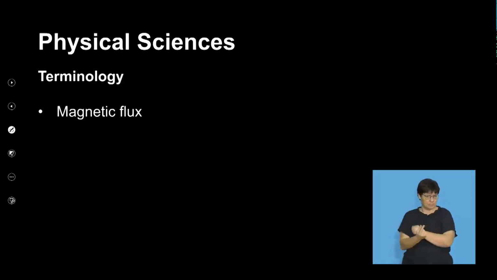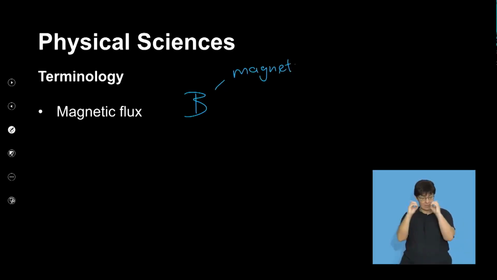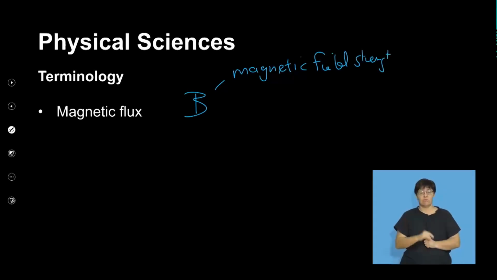So remember, we've got a magnetic field which we can represent as B. This is the magnetic field strength. And when we look at this, the way we represent B is by field lines.